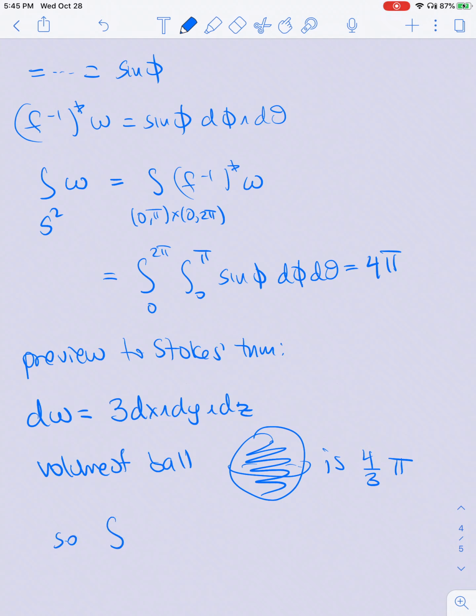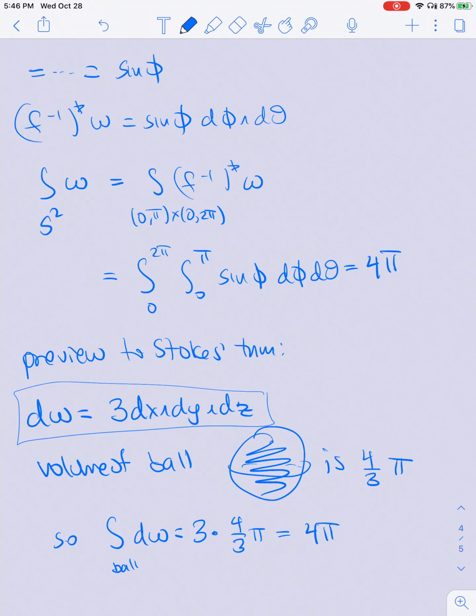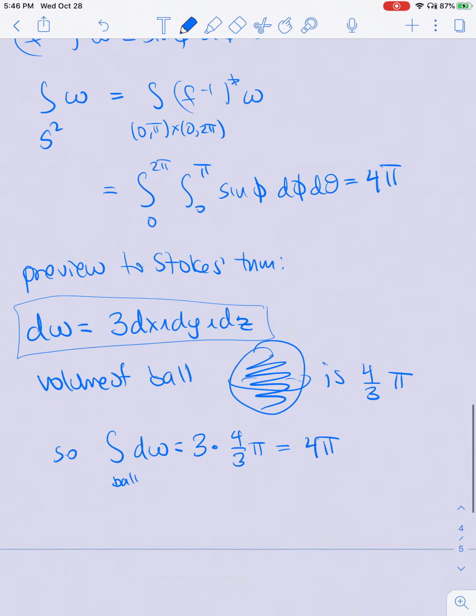So the integral over the ball of d omega should be 3 times 4/3 pi, because d omega is just 3 times the volume form. So when I integrate it over anything, I should just get its volume. And that's 4 pi. So this is a little wild.